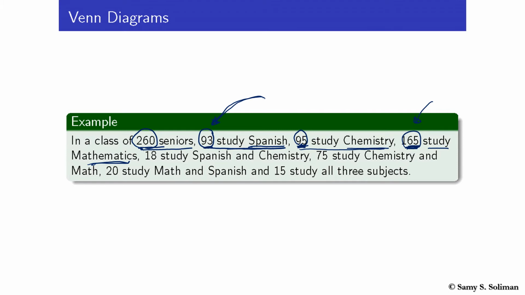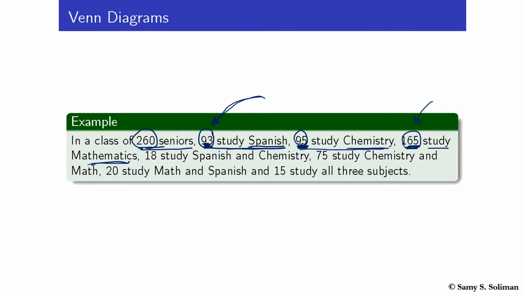So the 93 students studying Spanish are not necessarily completely different from those 95 students studying chemistry. Let's proceed with the example and we will understand it in a clearer way.